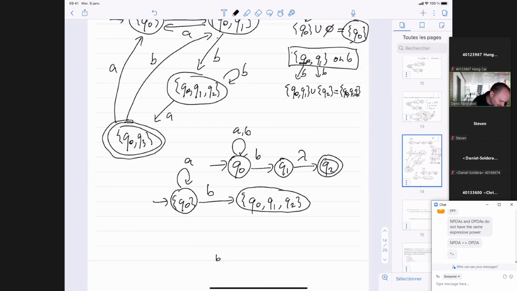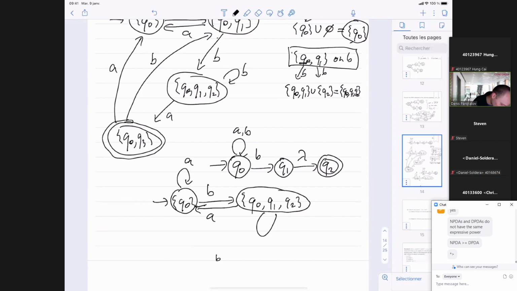And then if you consider this Q0, Q1, Q2 state, on A, where can you go? From Q0, you can go to Q0. From Q1, you cannot go anywhere. From Q2, you cannot go anywhere. So the union of those three possibilities is Q0, like this. And what happens on B? If you're in Q0 and you read B, you can reach Q0, Q1, but also Q2. Again, you can also take lambda.